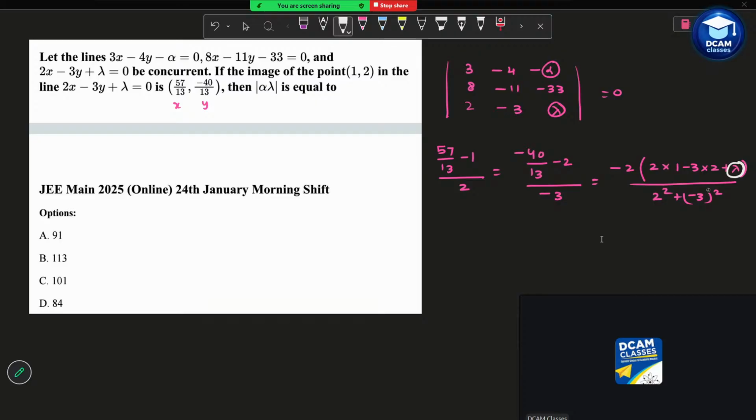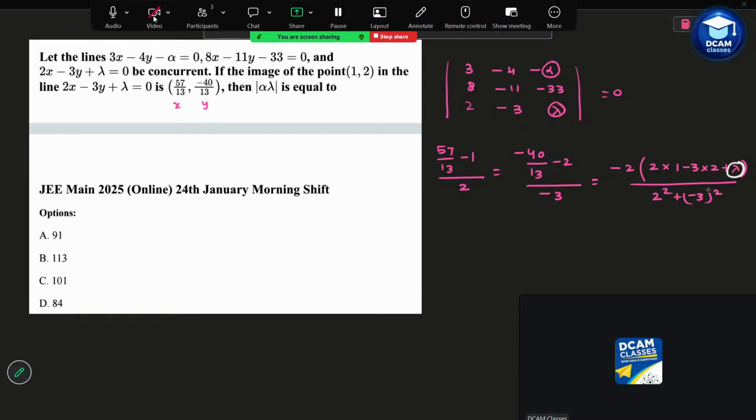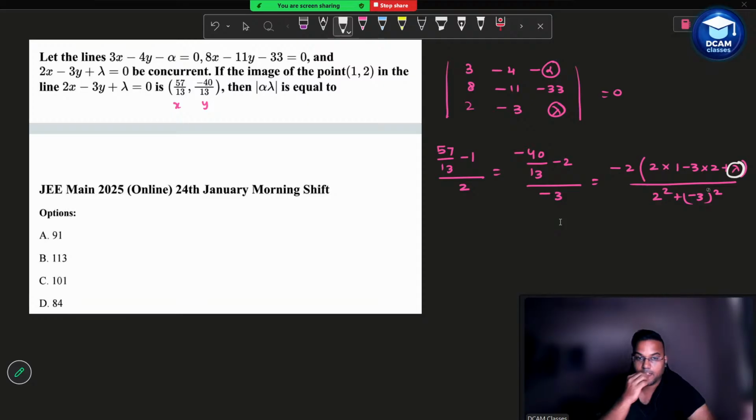Sir, it is option A, 91. It's 91. Correct. What about you, Venkatesh? Could you do it? I'm doing it, sir.